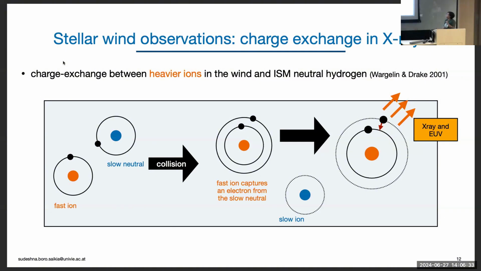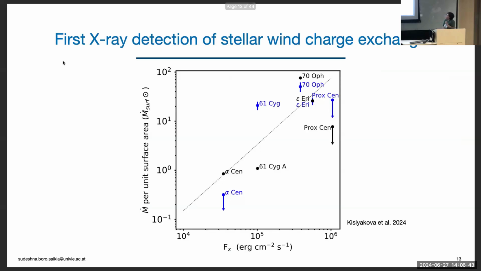There have been multiple attempts at detecting these phenomena in cool stars, starting from the early 2000s, and until recently we only had some upper limits. But this year, we had three direct detections of X-ray related charge exchange, in a study led by Kristina Kislyakova.